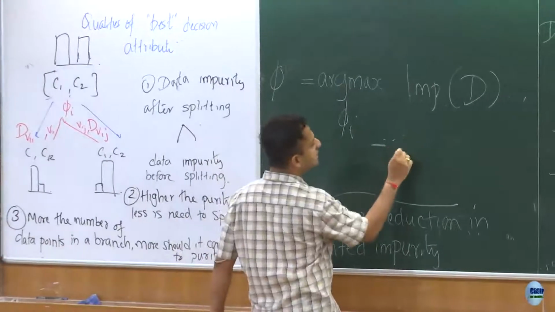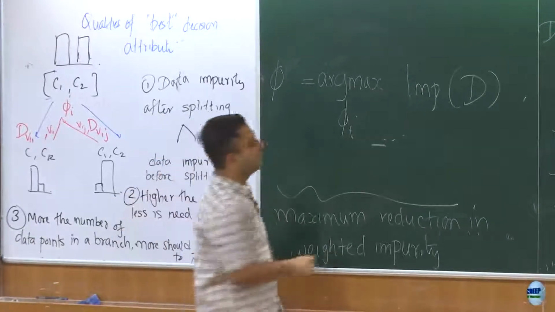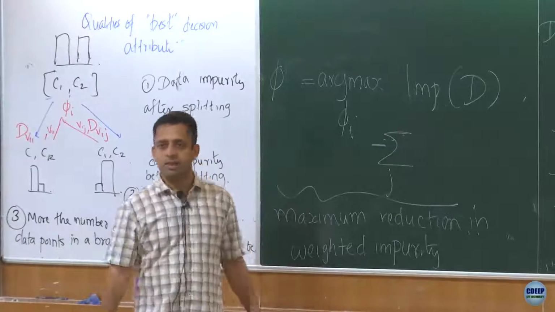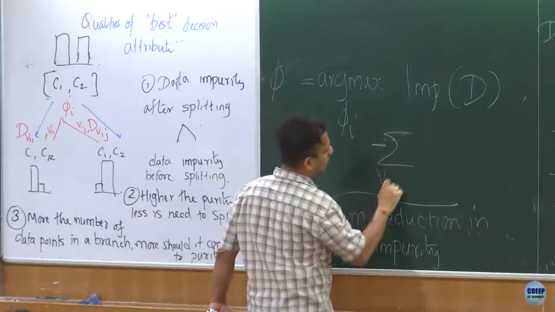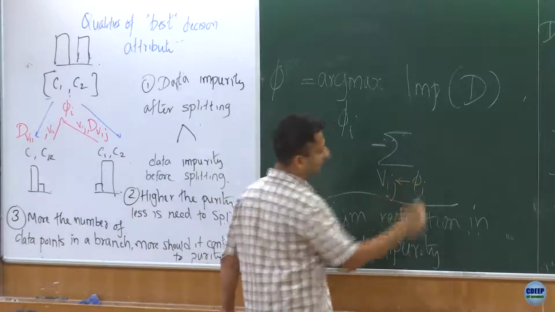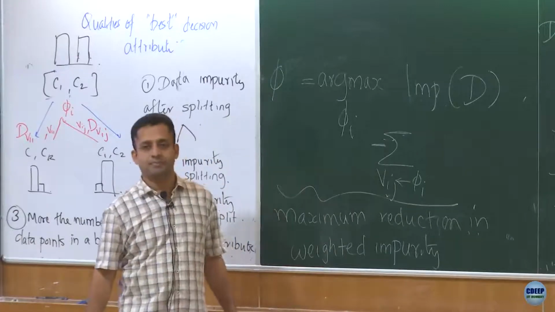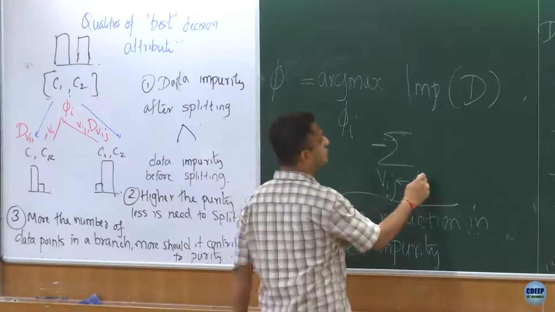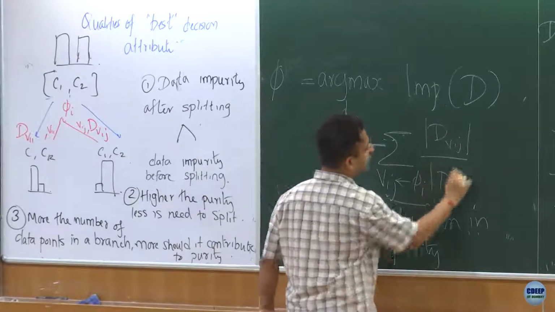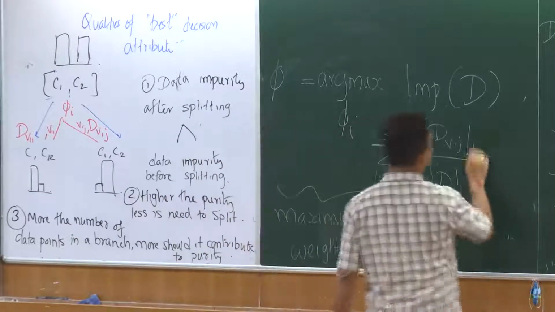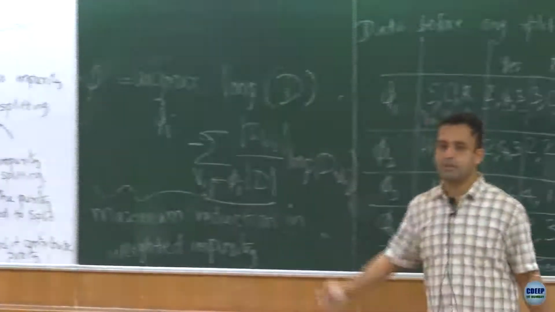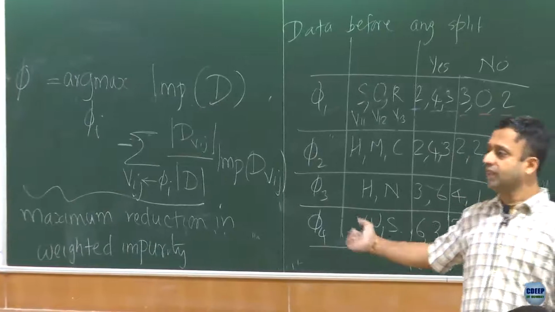So minus the summation over all the j, or the summation over all the vij's that phi I can take, of the relative size of data times the impurity of that split. Is this what we would like?